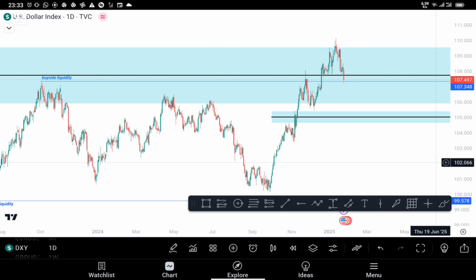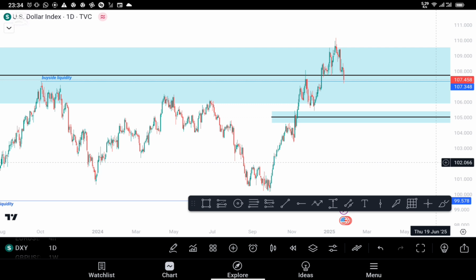On the dollar, we are anticipating prices to go down to at least 105. Currently we are at 107.455, and we are aiming at 105, which is somewhere there at the imbalance on a monthly, and there is liquidity above that imbalance.